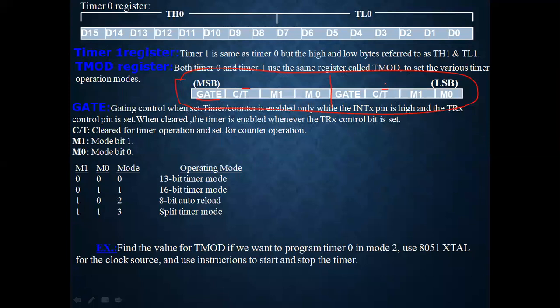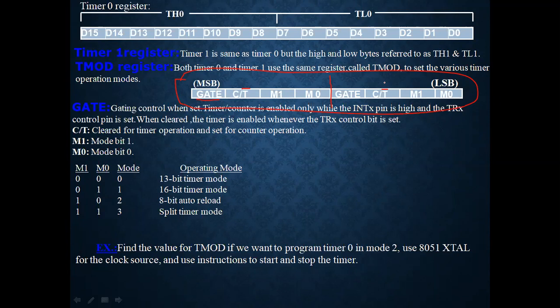The first bit is the gate, the gating control. When this is set, the timer or counter is enabled only while the INT1 or INT0 pin, INTX, is high and the TRX control pin is set.